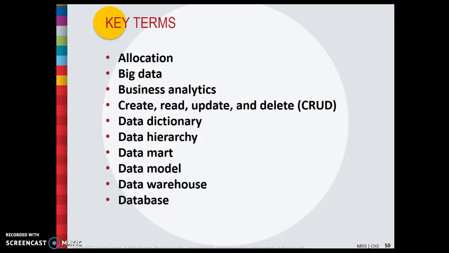So, some key terms that you want to take away from this particular chapter are allocation, big data, business analytics, create, read, update, and delete, or another acronym for it is CRUD, data dictionary, data hierarchy, data mart, data model, data warehouse, and database.